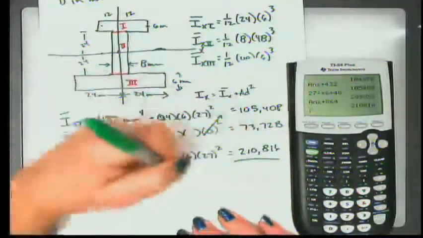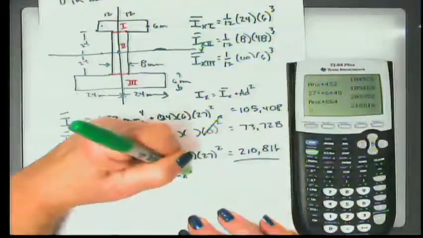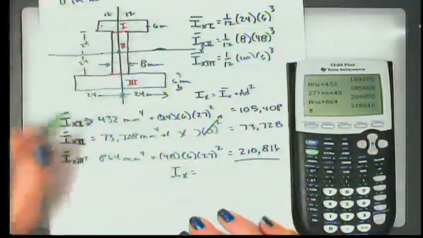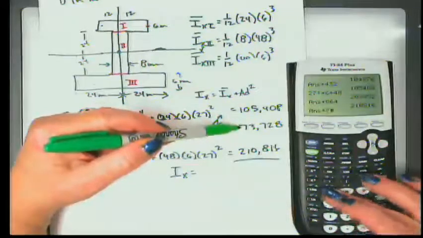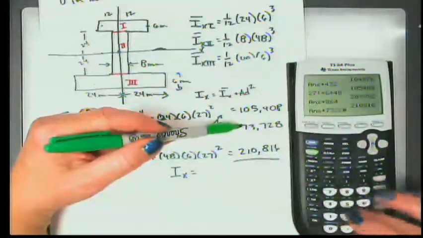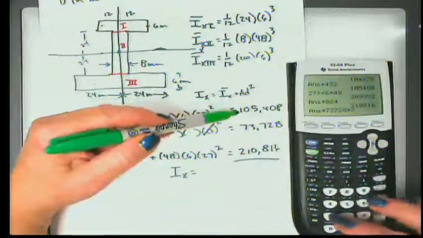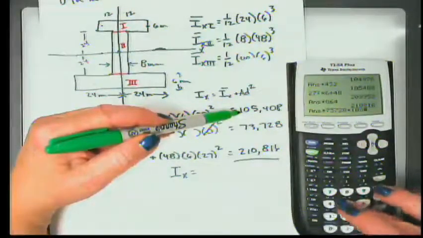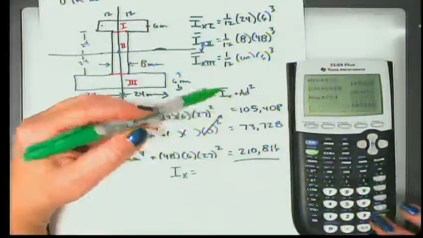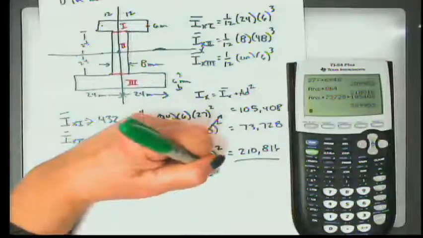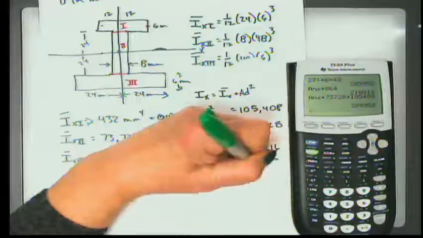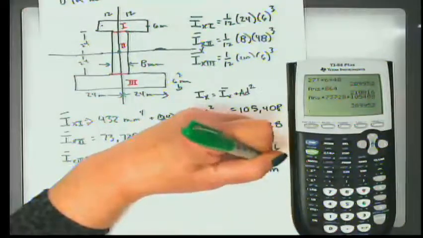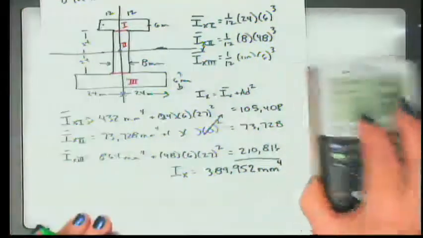All right, so I sub x of this composite shape is equal to this number plus this number plus this number. And that is 389,952, and the units are millimeters to the fourth.